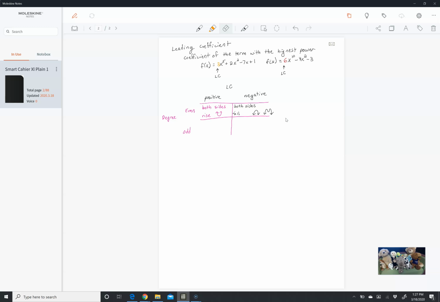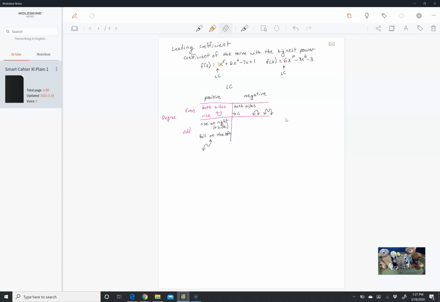So if it's odd and positive, it will rise on the right. Remember, the right is the positive side. And it will fall on the left. So what that looks like is rising on the right, falling on the left. Looks like this.